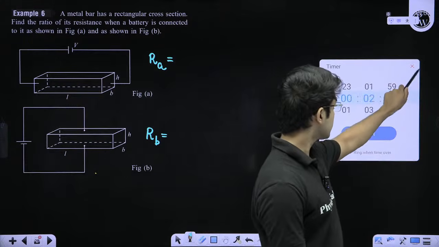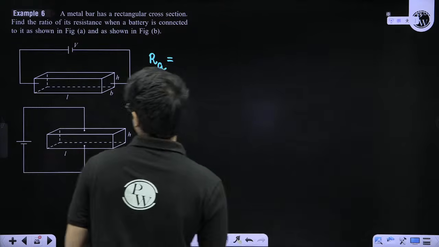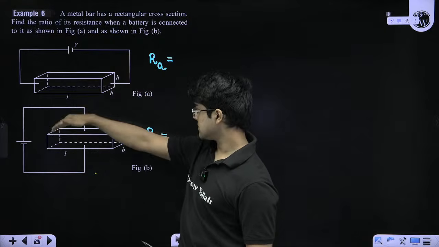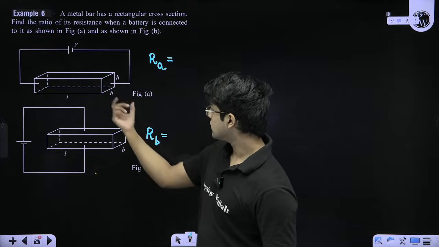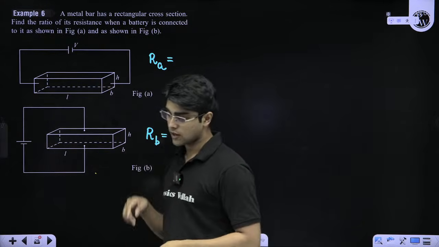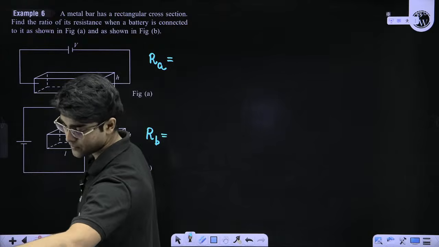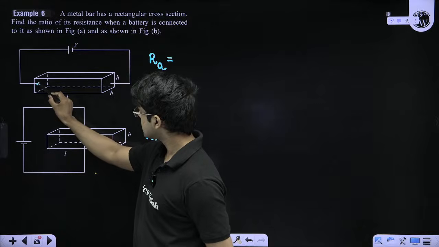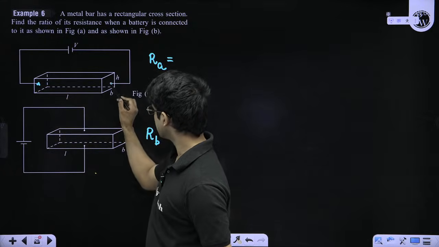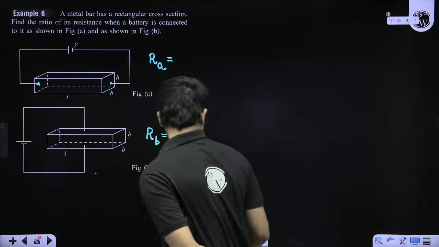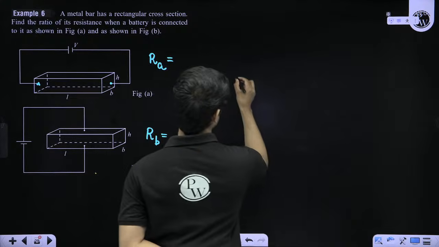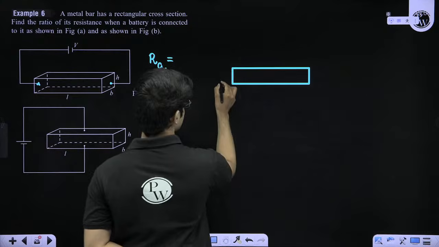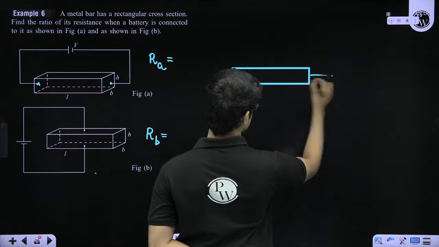Okay, so how do we solve this? What is the main difference between the first diagram and the second diagram? It's how the wires are connected, right? In the first case, the wire is connected between this rectangular edge and this rectangular edge. I'm drawing the side view of figure A. So the wire is connected like this and like this.